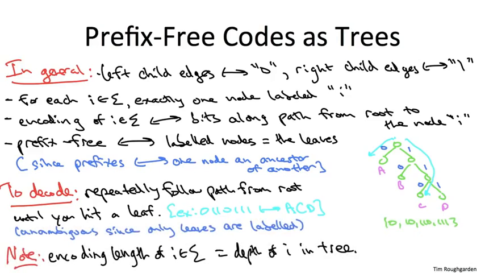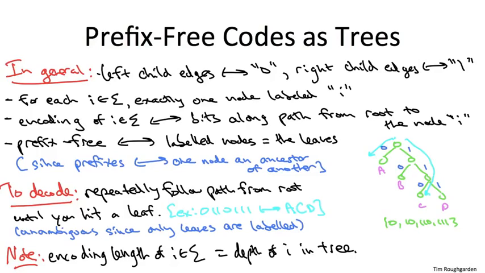So a final important point about this correspondence is that the encoding lengths of the symbols, the number of bits needed to encode the various symbols, are just the depths of the corresponding leaves in the tree that corresponds to the code. So for example, in our running example, the symbol A is the only one that needs only one bit to encode, and it's also the only leaf in level 1 of the tree. Similarly, B needs 2 bits, it shows up in the next level.